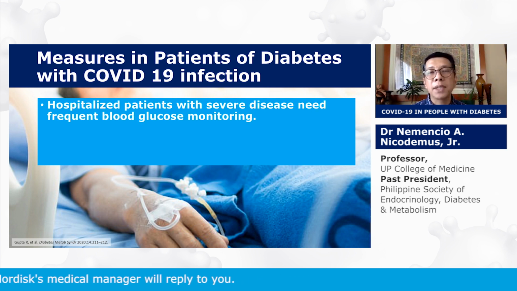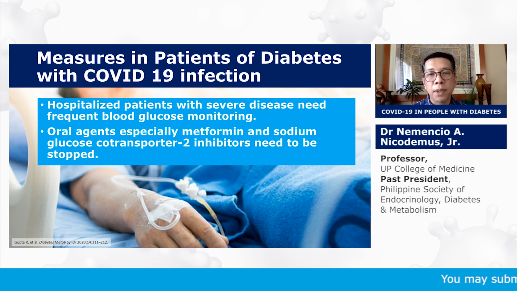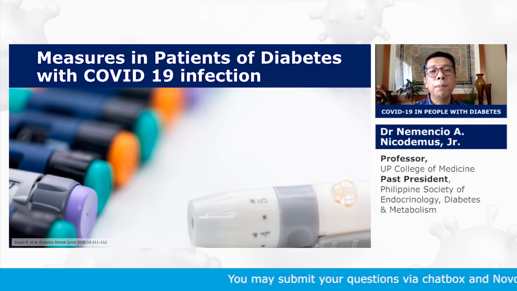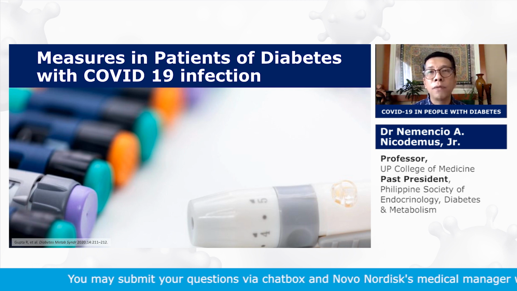These patients, particularly those with severe disease, need more frequent blood glucose monitoring, and oral agents like metformin and sodium glucose cotransporter 2 inhibitors need to be stopped because we all know that these may cause fluid shifts among hospitalized patients. Of course, it is very important that we choose the proper agents to control diabetes among hospitalized patients who have COVID-19.